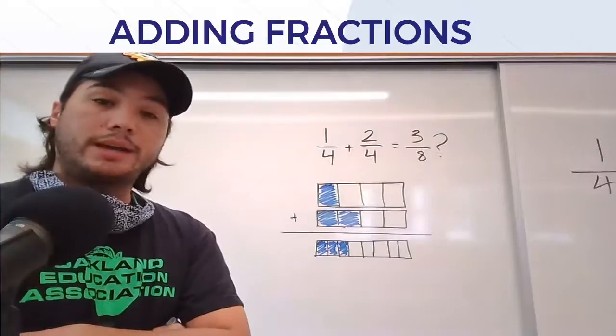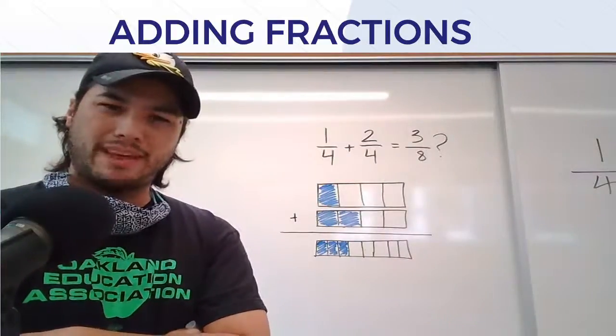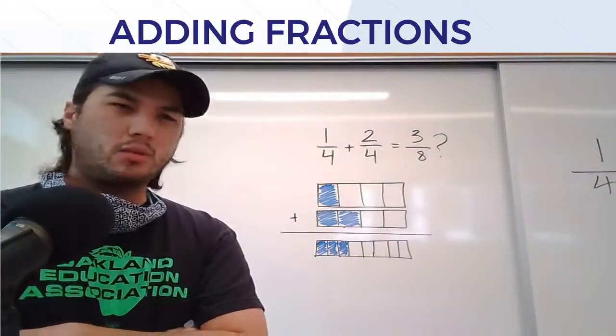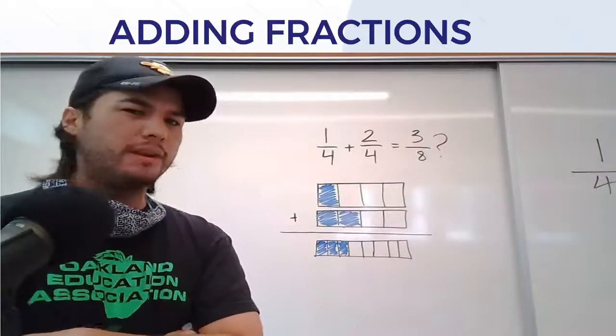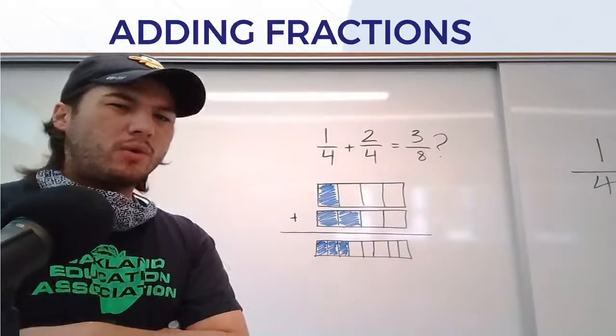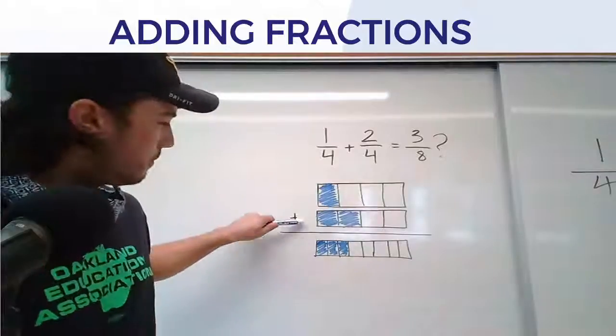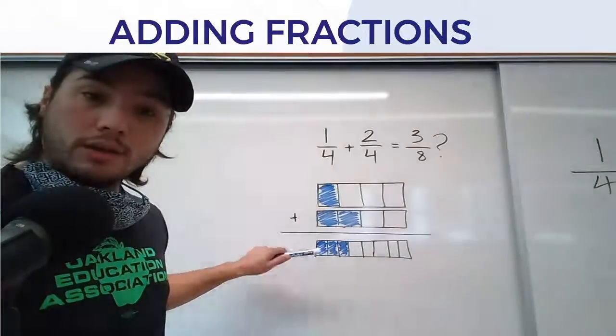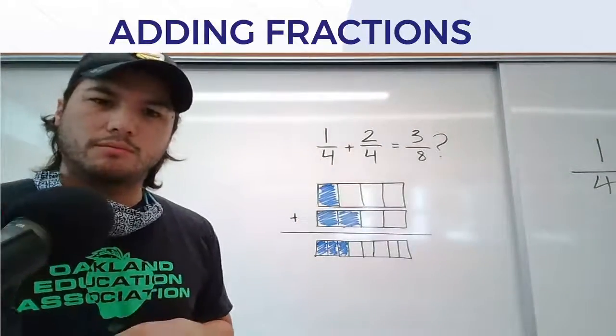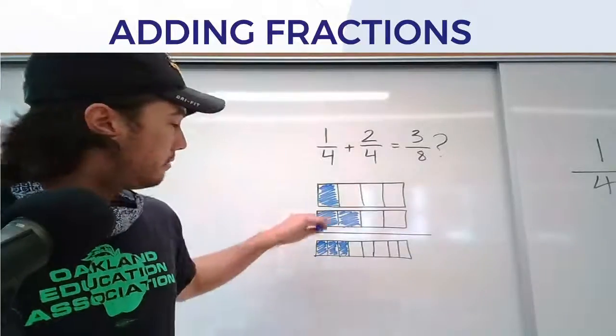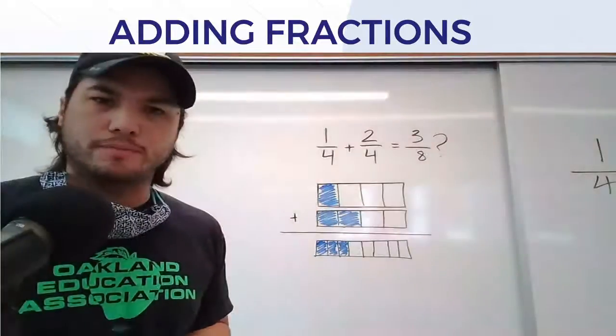Now, I can already tell that this equation might have an error. The way I can tell is by looking at our 2/4 and then looking at our 3/8. Which one's larger? Our 2/4 is actually larger.